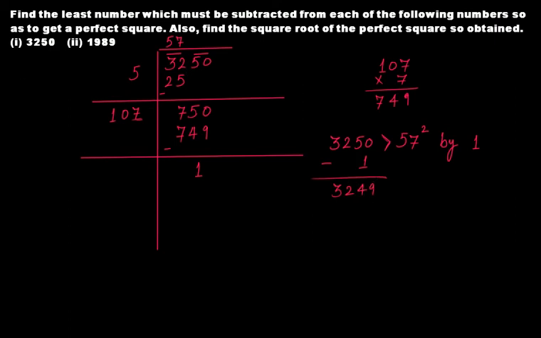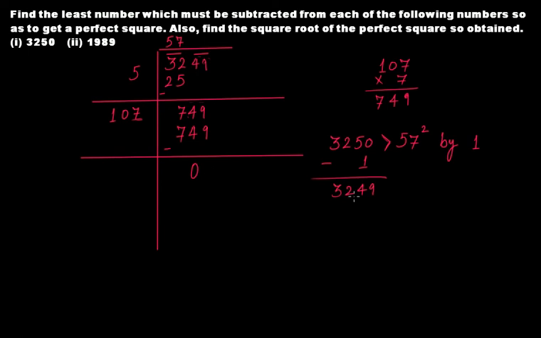In that case, here you get 49. This 50 is not 50 but 749. So now you'll get this remainder as 0, right? So this becomes 57 squared.